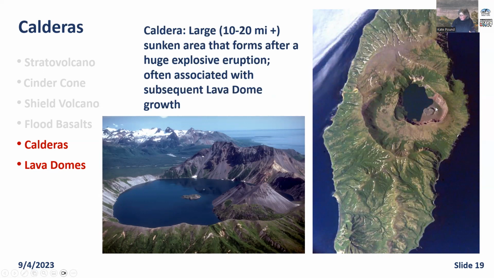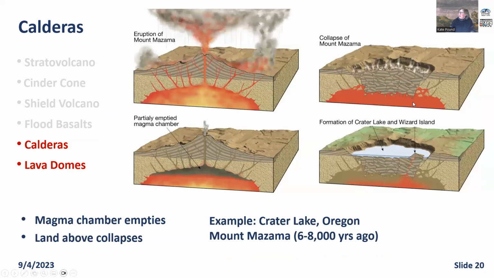How do these get formed? So, essentially we've got, I'll call it, a four-step process. So we have our magma chamber here, and we have a huge eruption event. Now, we move down to the second diagram here. A lot of magma was used up, and it hasn't been filled up in this case.